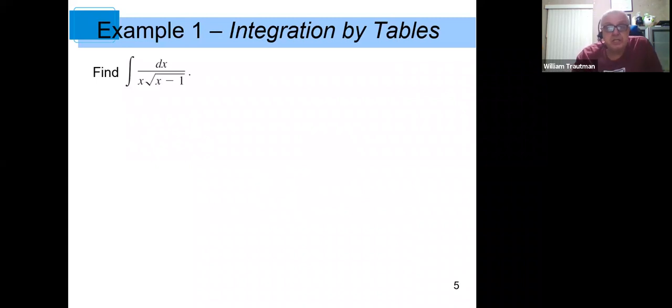So let's look at this. Okay, so if we look at this integration and we look through our formula sheet, we need to find something that this matches.